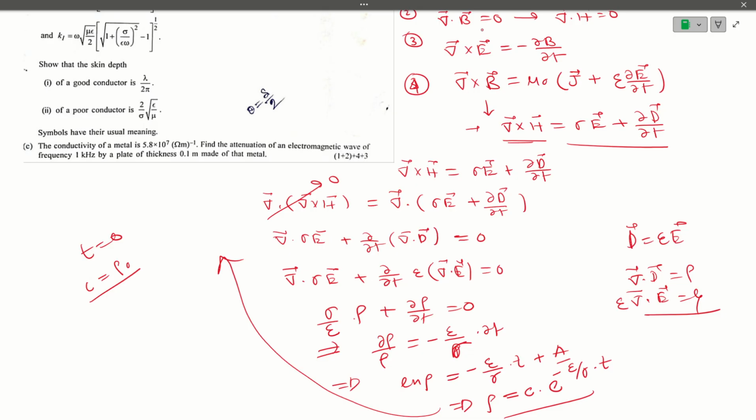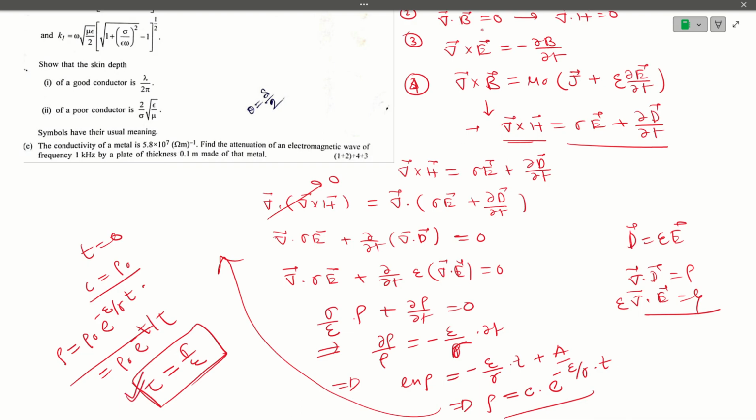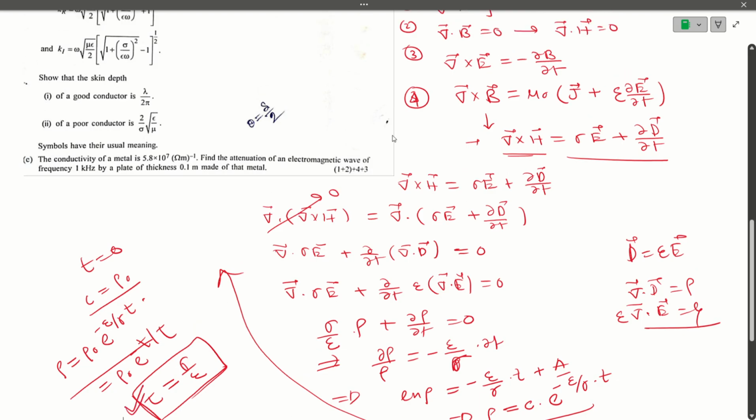Therefore we get the actual relation: rho equals rho naught e to the power minus epsilon by sigma into t. Here we can write this as e to the power minus t by tau, where tau is defined as epsilon by sigma, so this is called the relaxation time. This is basically the characteristic time.